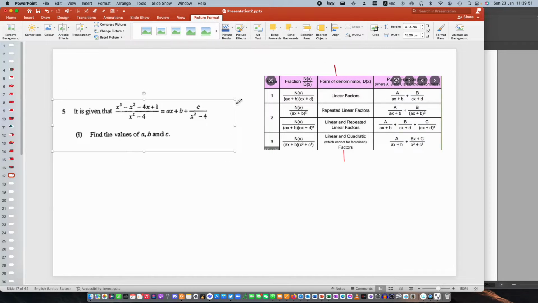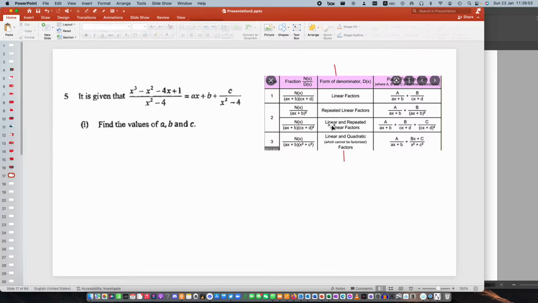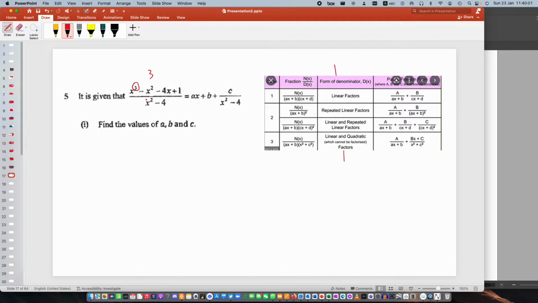Okay, by the way, before you do the partial fraction, the first thing you do is always ask yourself, what's the degree on top? Degree 3. What's the degree below? 2. So this is considered an improper fraction. You know what an improper fraction is, right? That means 3/2 is an improper fraction. So you need to get it into a proper fraction or mixed number.